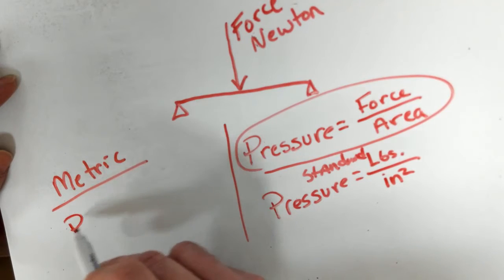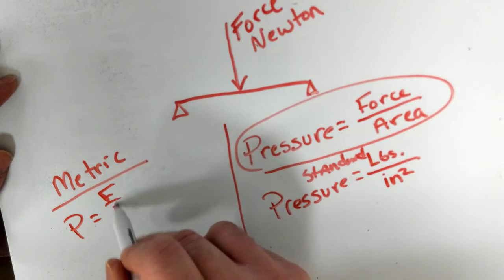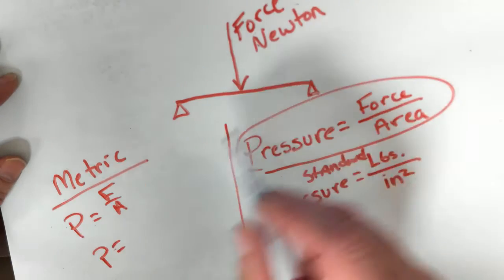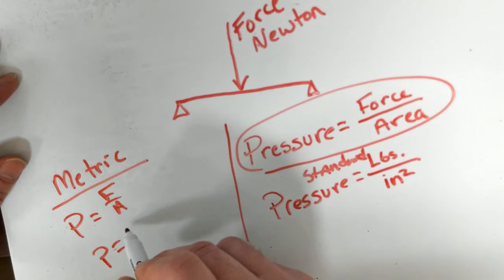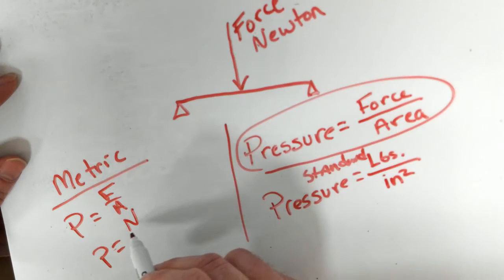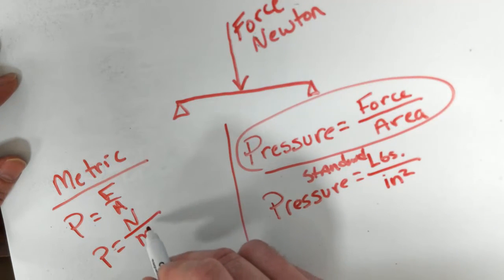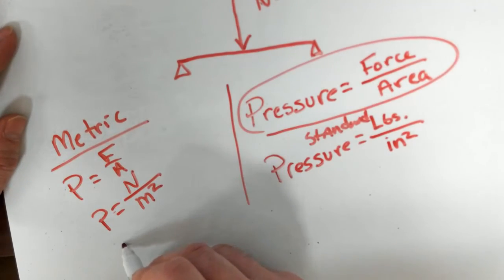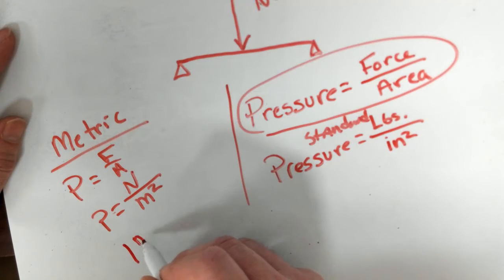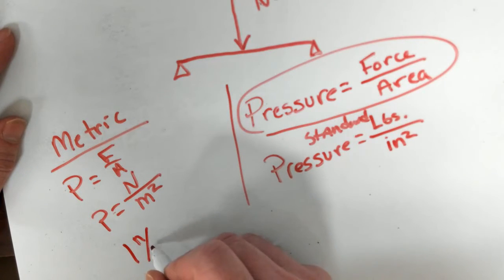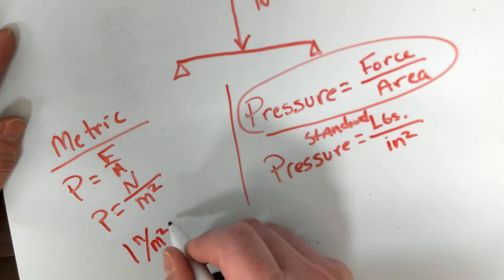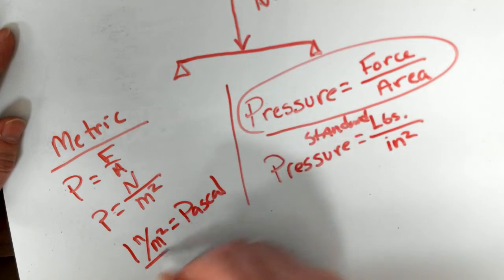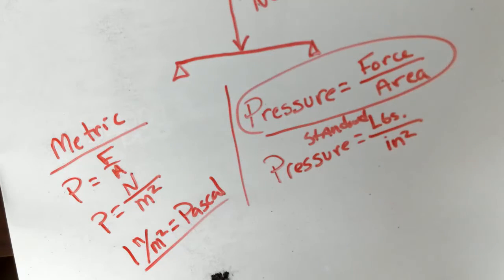Over here, again, pressure equals force over area. So when we start to do this, the force in the metric system is a Newton divided by meter squared. And always remember that 1 Newton per meter square equals a Pascal. Okay? That's something to remember.